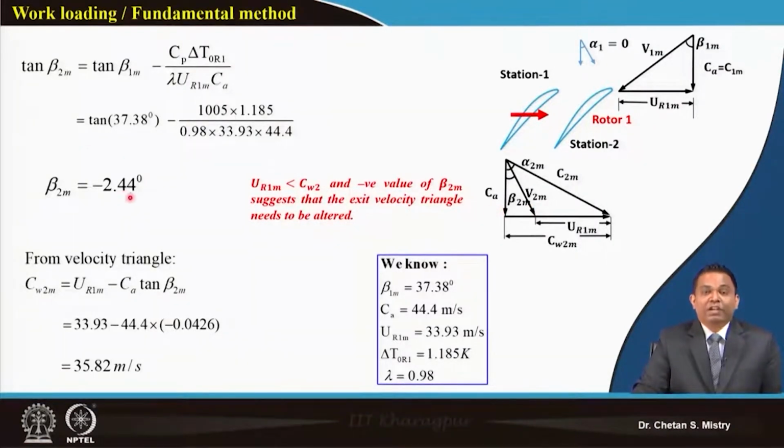So, this is minus 2.44, this is this angle, and this will be my CW2. If you compare, my CW2 is coming larger than my peripheral speed U. And my angle alpha 2 is calculated with respect to the axial direction. So, be careful when you are doing your calculation, and make your velocity triangle accordingly.